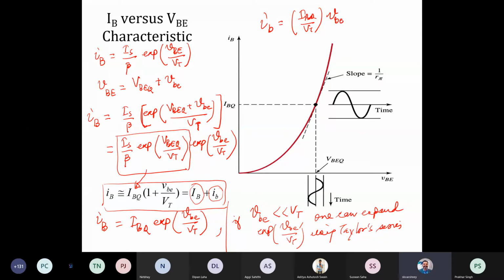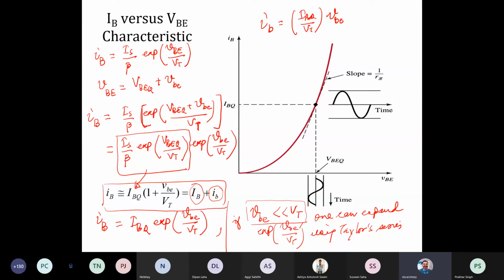right? So we have restricted that if we remember, the value of VT is around 25 or 26 millivolts at room temperature. So if your input signal is much less than this VT, in that case we can represent it in a linear way.